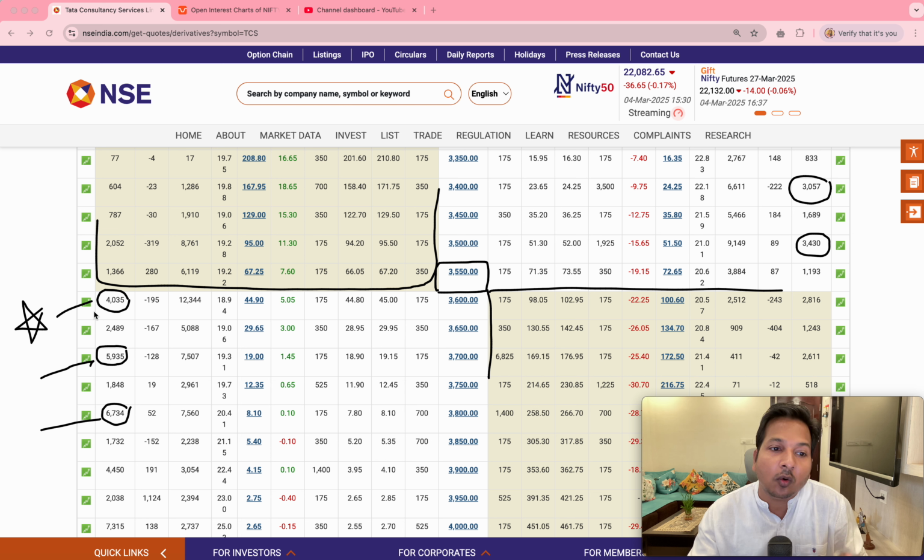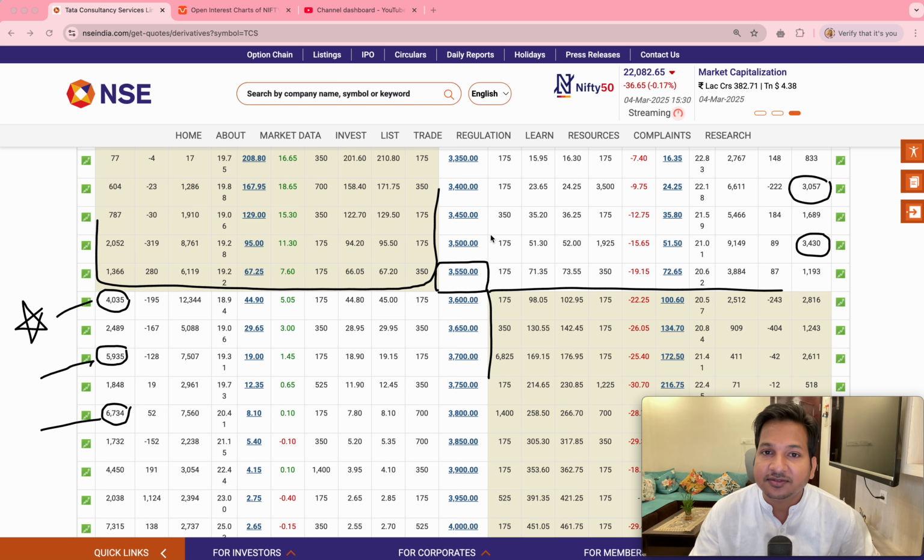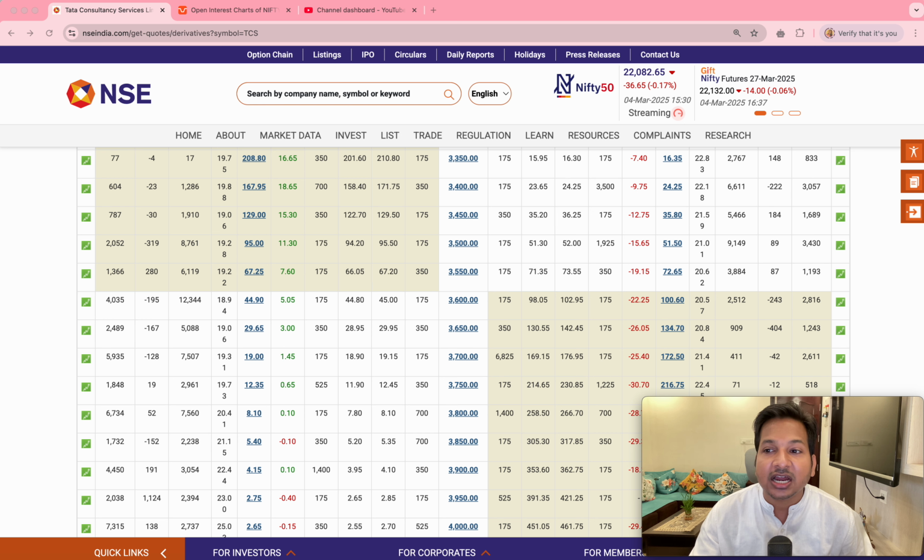Now you know that call OI is more and put OI is less, so TCS is going to fall from here. It is very hard for TCS to go up with this OI data. You got this result. Now the second thing is, which are the major resistance or support levels if the stock goes up or down.